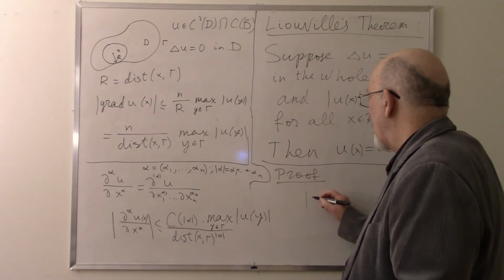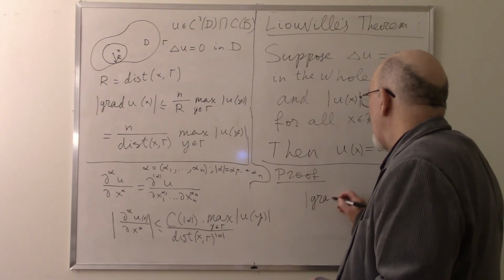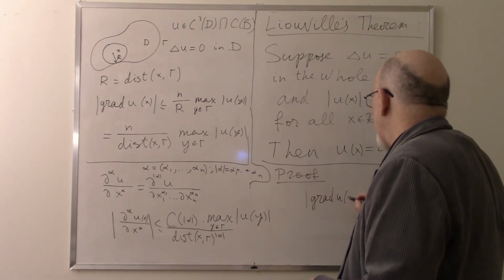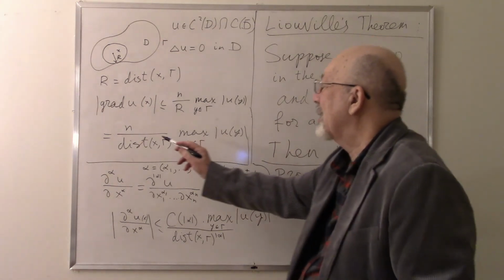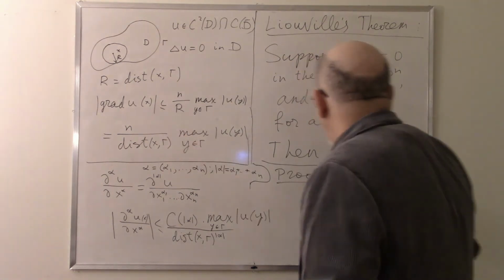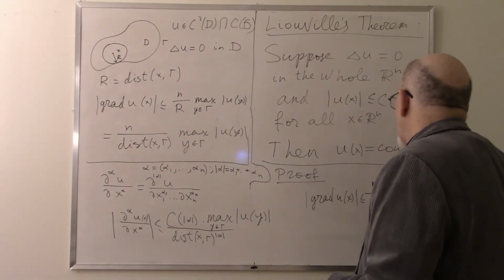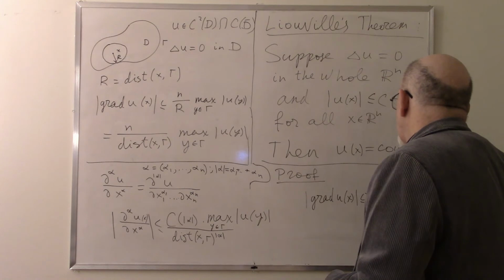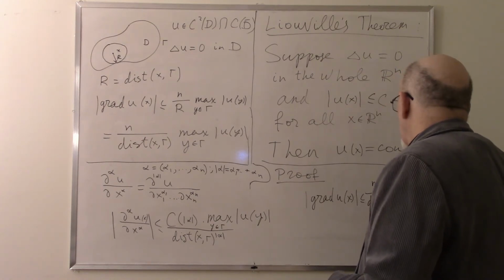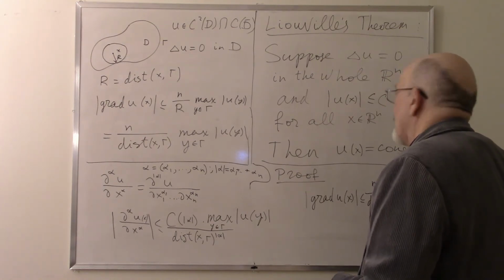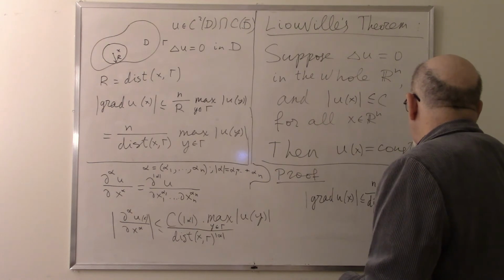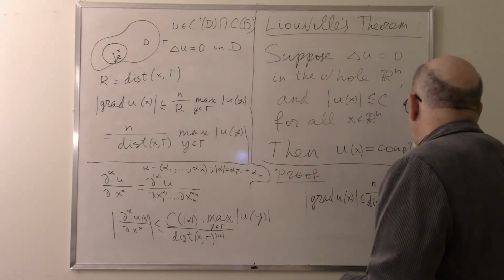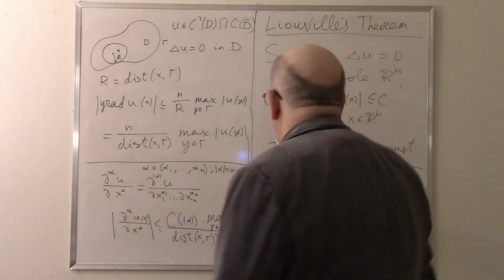So the modulus of the gradient of u at x is less or equal than n divided by the distance from x to gamma times the maximum of the modulus of u(y), y in gamma. So now what is gamma here?